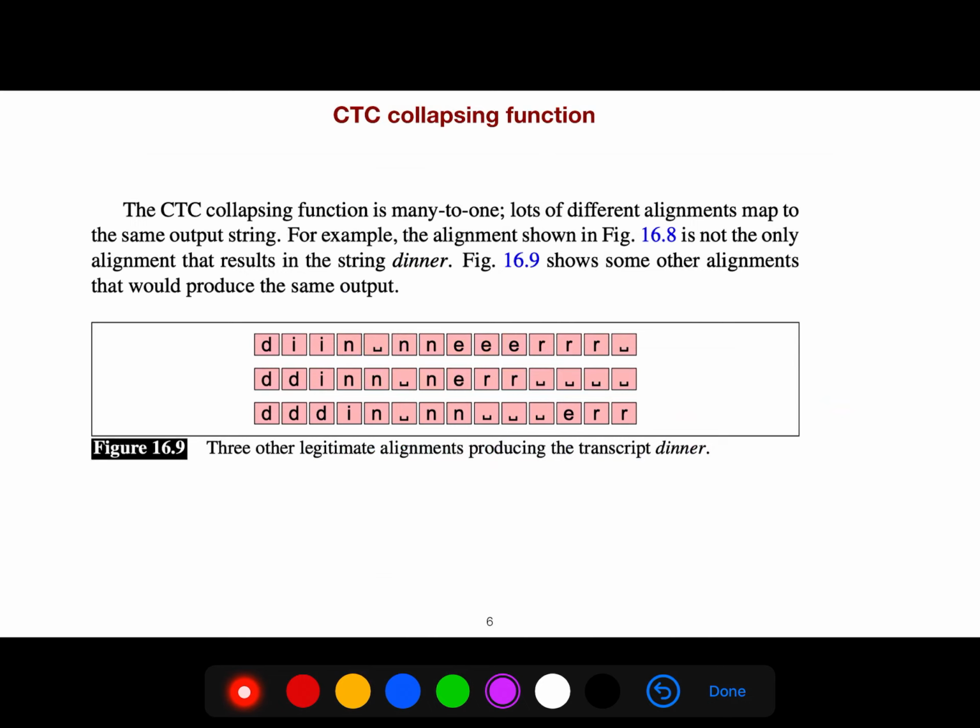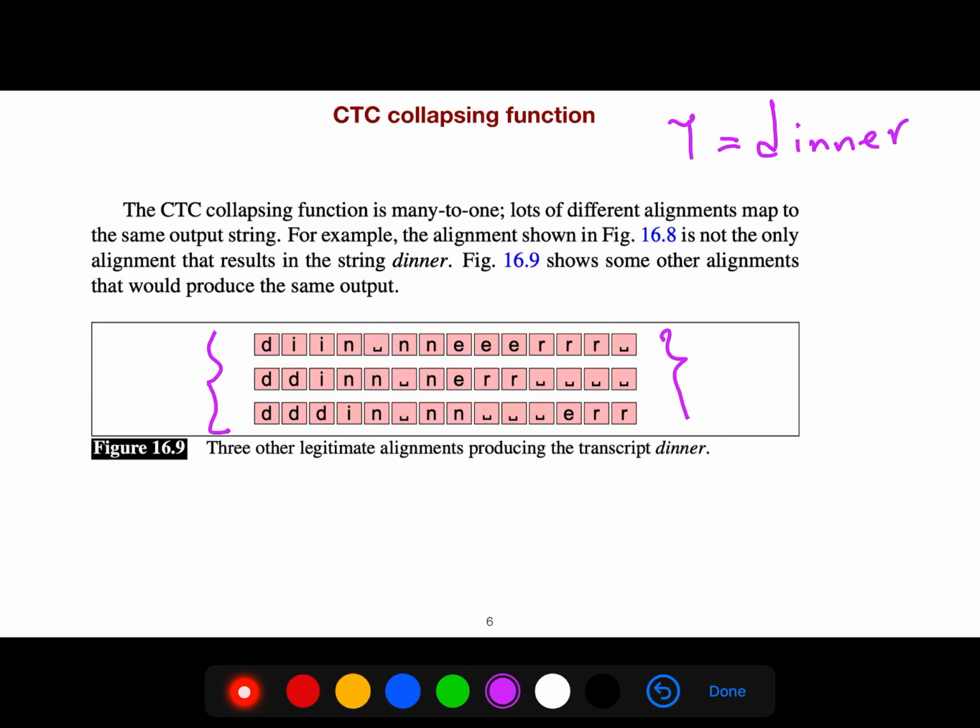And the CTC collapsing function is many to one. So now you see there are many ways that result in one particular output. For example, if our y is here, we have, for example, three different ways that we can create such a thing, and so we should see which one has higher probability.